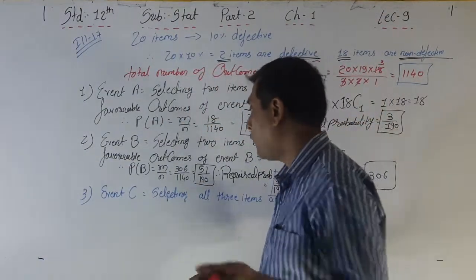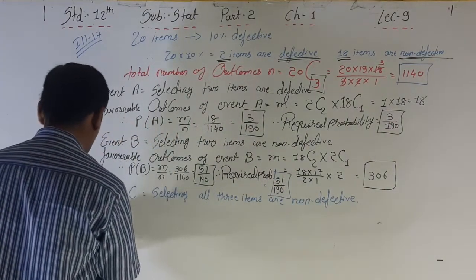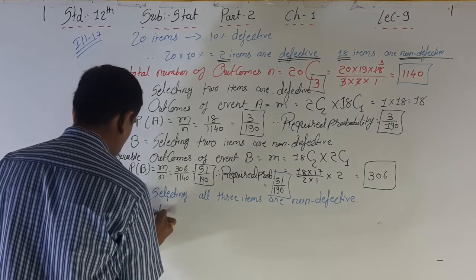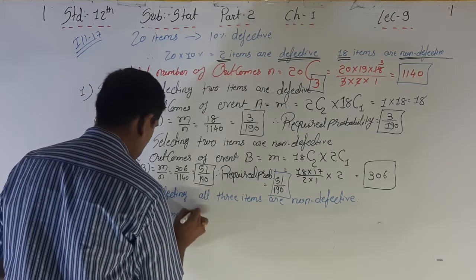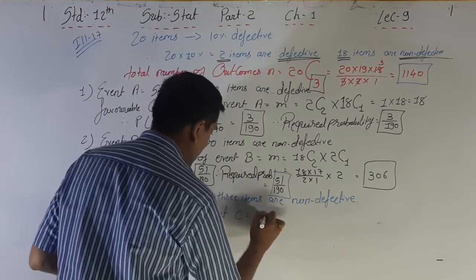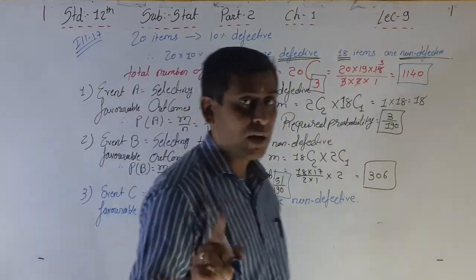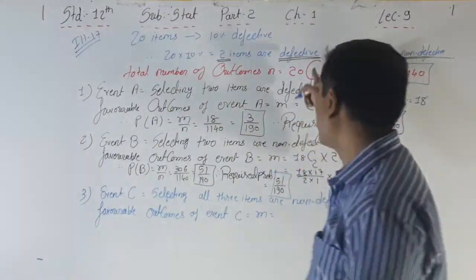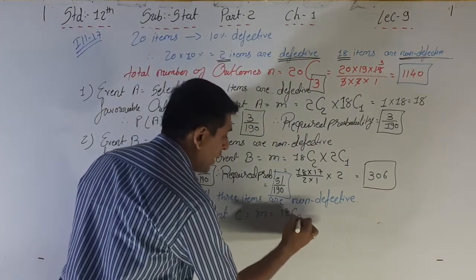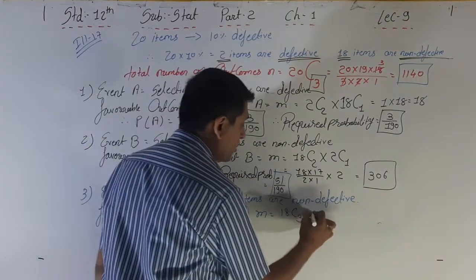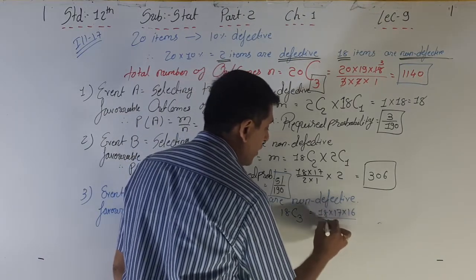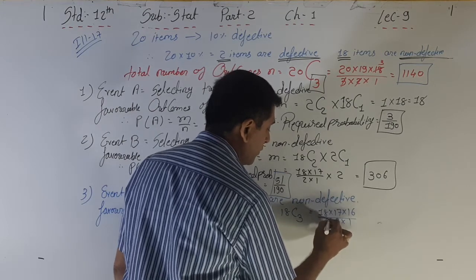Okay, so here the favorable outcomes of event C is M is equal to, how many non-defective items are there? Total 18 non-defective items are there, and from those we have to select 3. Okay, so what is the final answer? 18 into 17 into 16 divided by 3 into 2 into 1.